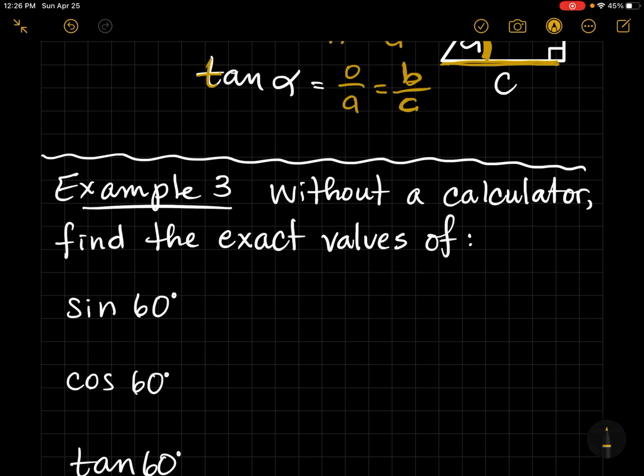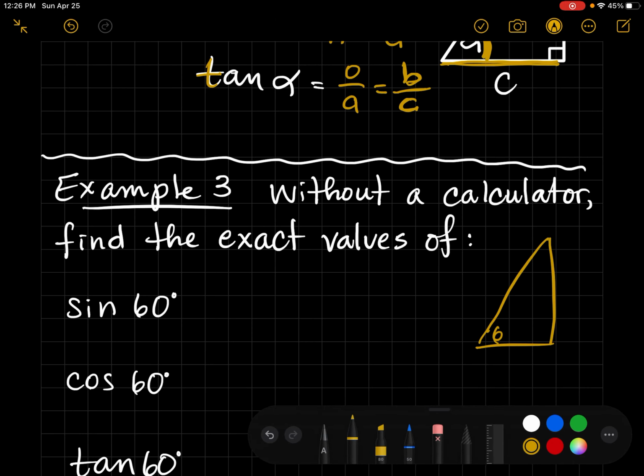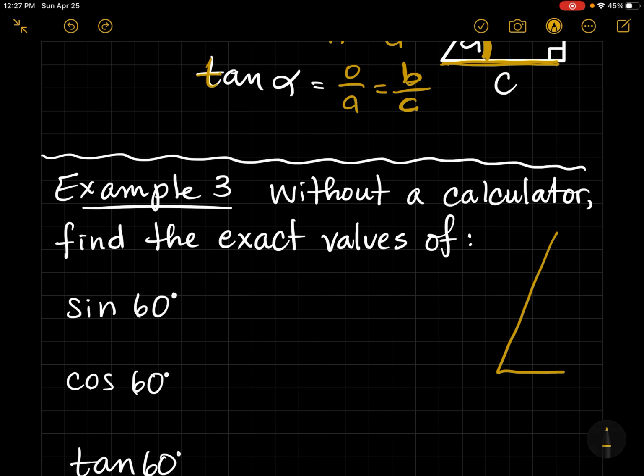Well, all you have to do is draw any 30, 60, 90 triangle. We just want a right triangle with a 60-degree angle. So let me do a better job drawing that 30, 60, 90 triangle. So let's say this is my 60 and this is my 30.